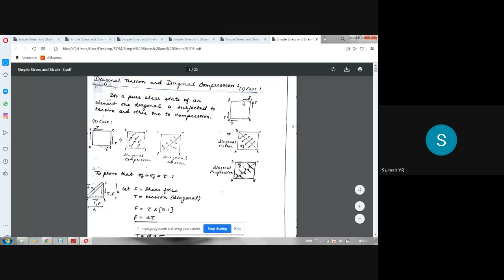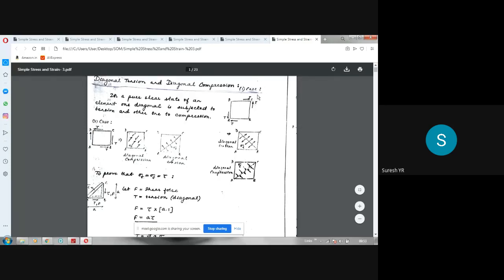Suppose you take this diagonal, the BD diagonal. What is the effect of these two shear stresses on this diagonal? It will be like this. See here, it tries to elongate this diagonal. So there will be a tensile stress acting on this diagonal BD. You just see here, it tries to stretch like this.